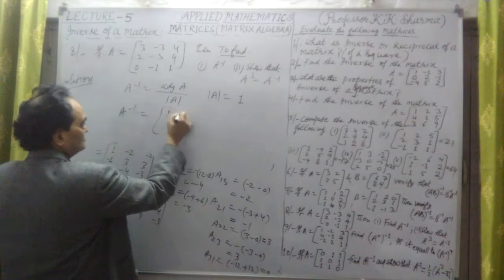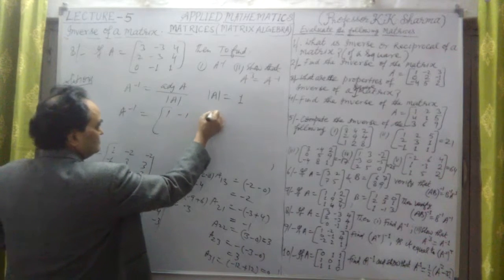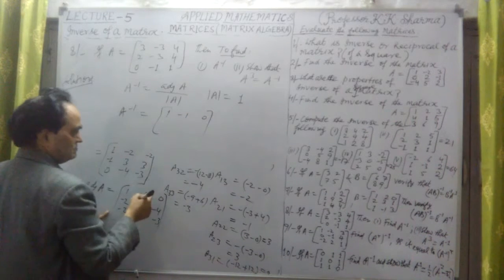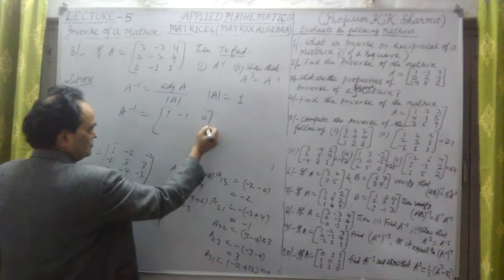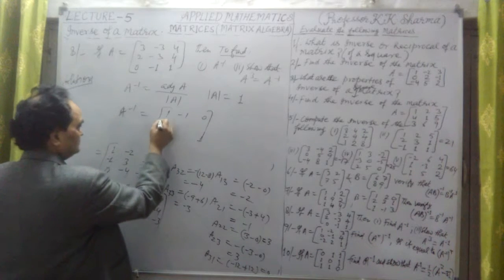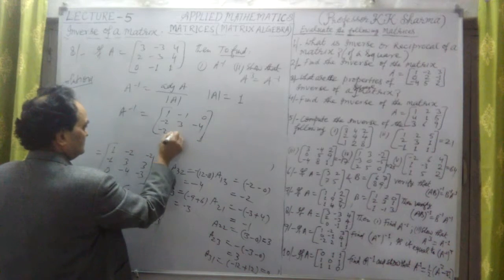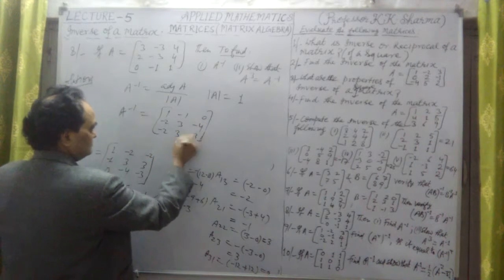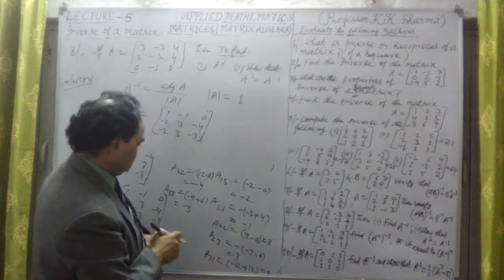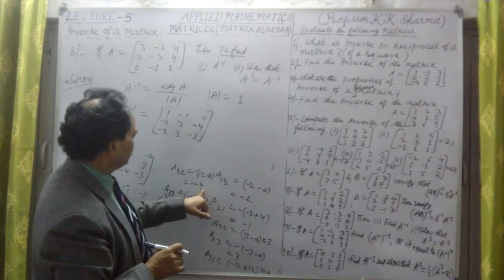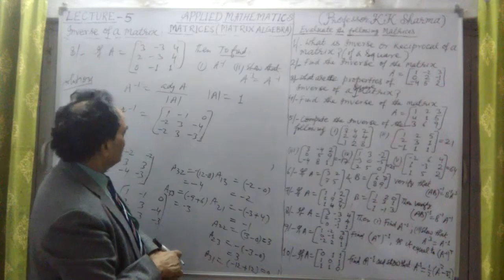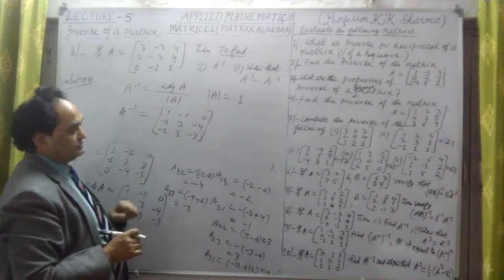The same value is there because the determinant value is 1. That will not change the value of this matrix. This is minus 2, 3, minus 4. It is minus 2, 3, and minus 3. Minus 3, minus 4. Okay, so this is your A inverse value.